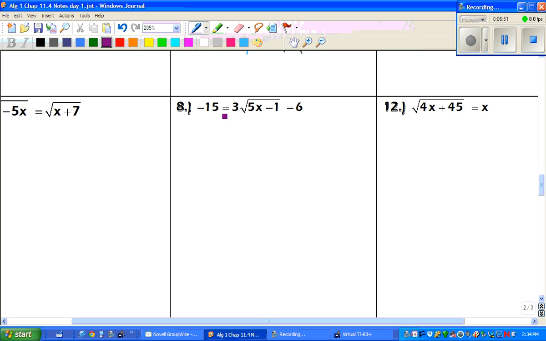All right, so I'm going to put this in the parentheses. So add 6 to both sides. We get negative 9 equals 3, and then keep that in the parentheses. We have to divide by 3 to cancel.